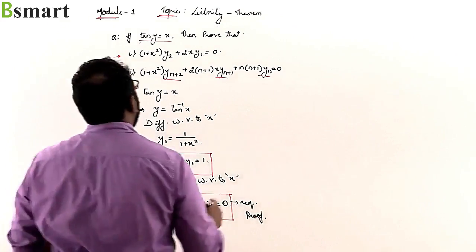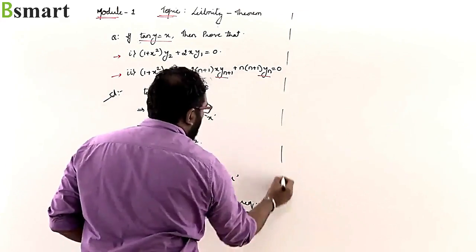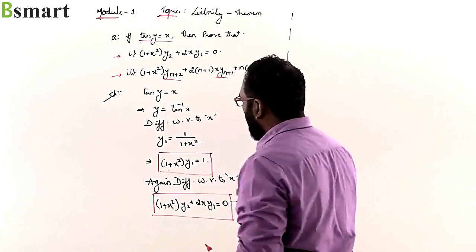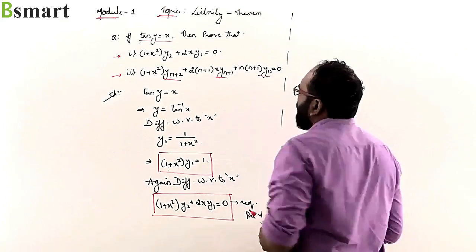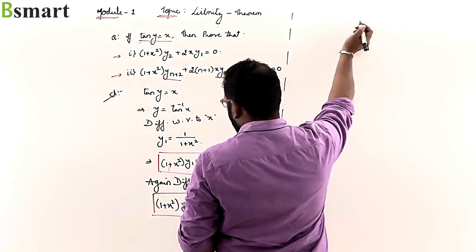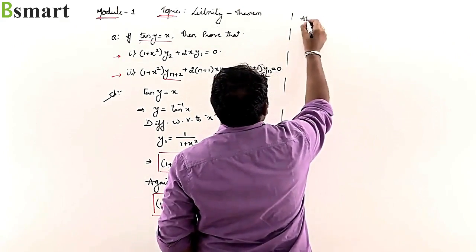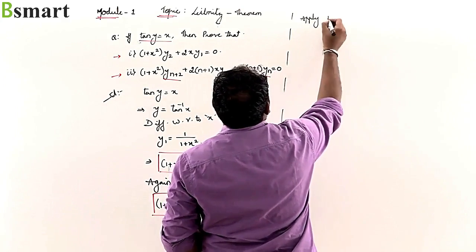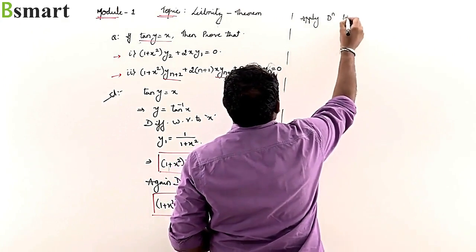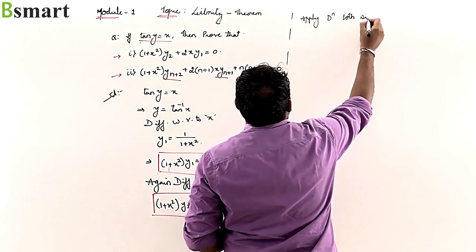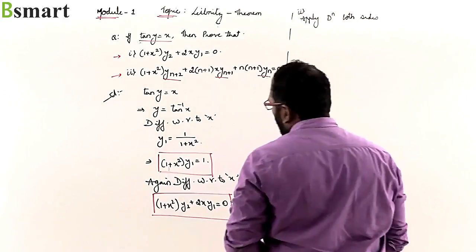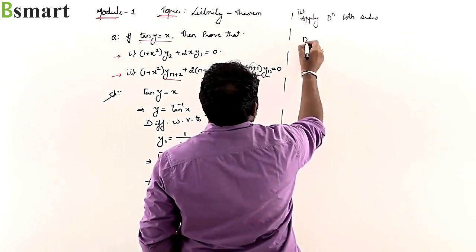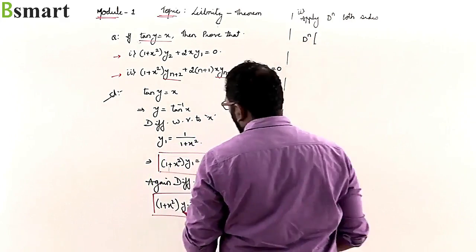Now in order to get the higher order derivatives, what we'll do is we'll be differentiating this n times. So apply the nth derivative on both sides in order to get the second one. If I am applying the nth derivative, then what do we get?